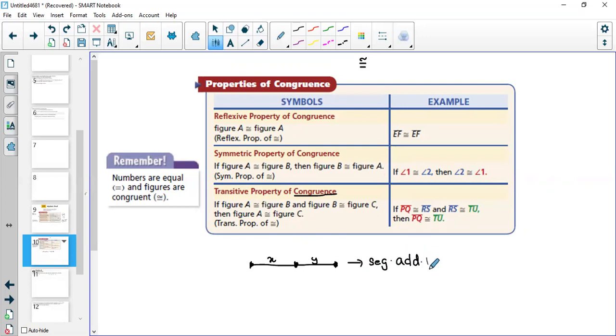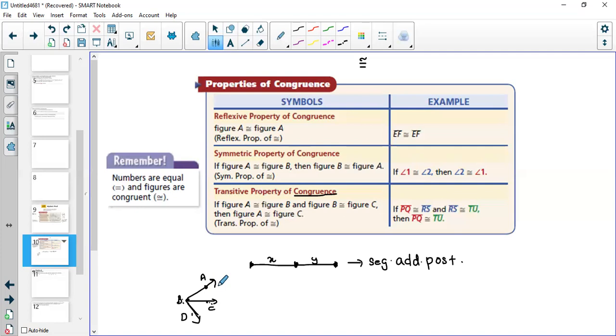Similarly, we also have the angle addition postulate. When we add segments, we say segment addition postulate. Similarly, when we add angles, we say angle addition postulate. That's all the difference is. So if I say this is A and this is B, this is C and this is D, I can say angle ABC plus angle CBD is equal to angle ABD.